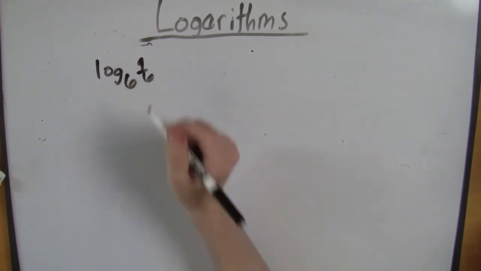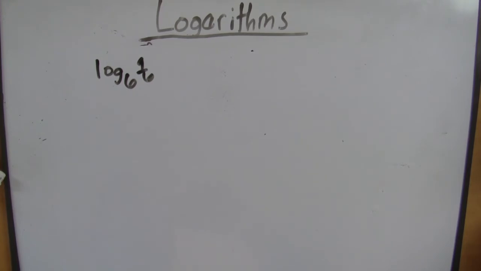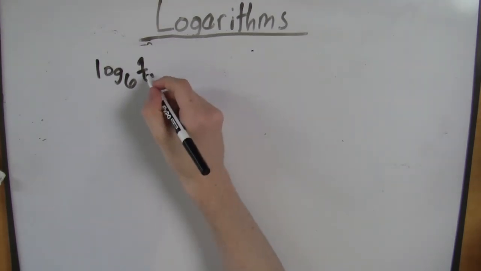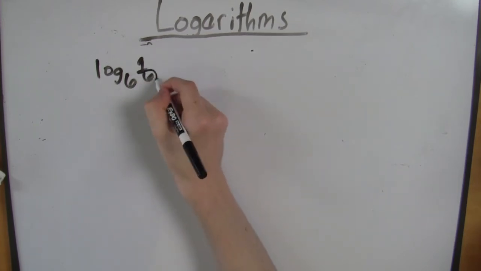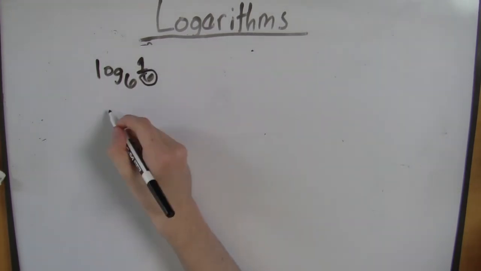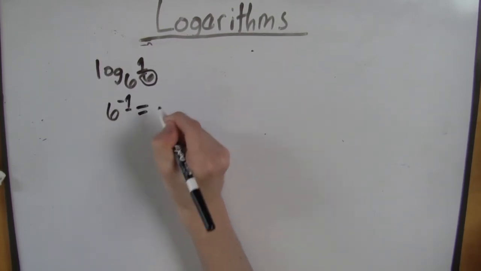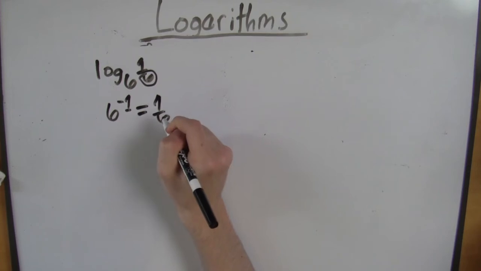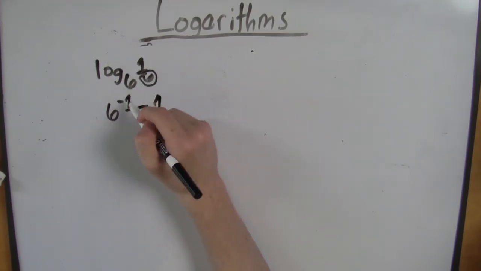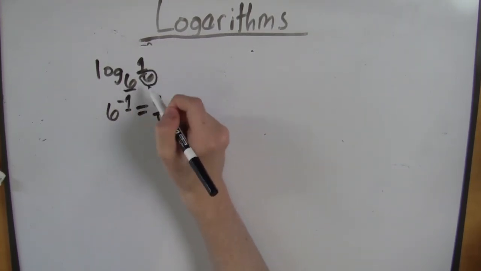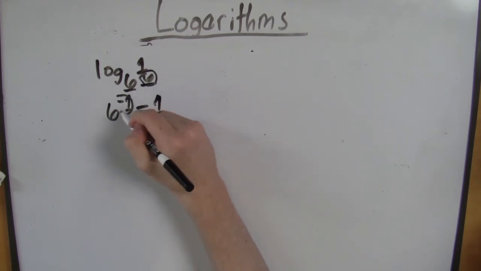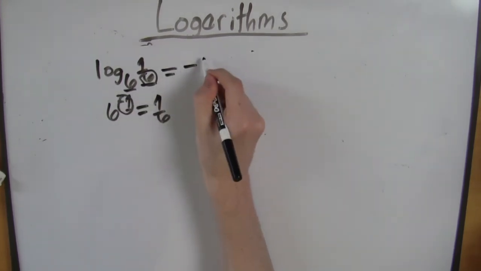Well, notice that 1/6 is a fraction, and I know that if I raise any number to a negative power, I will get a fractional answer. So I notice that the denominator here is just 6, or 6 to the 1. Right? So if I raise 6 to the negative 1 power, I will get 1/6. And since the answer to these problems is what power I have to raise 6 to get 1/6, my answer is negative 1.